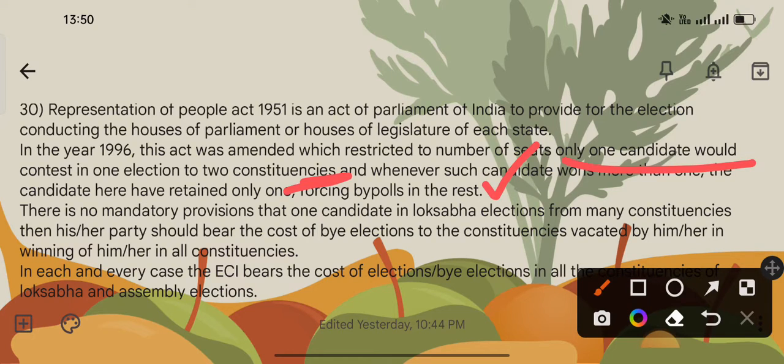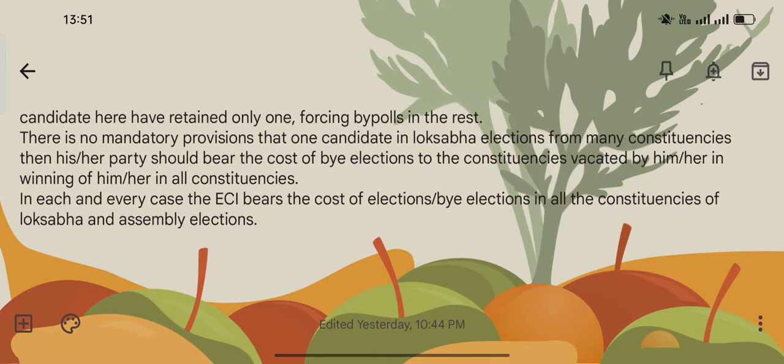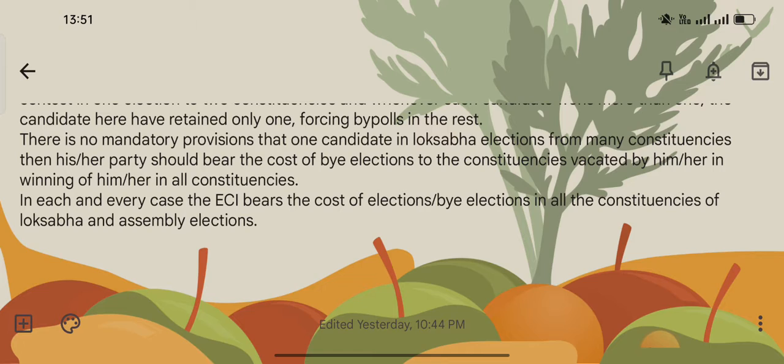In each and every case, the Election Commission of India itself bears the cost of elections as well as the cost of by-elections in all the constituencies of Lok Sabha and Assembly elections.